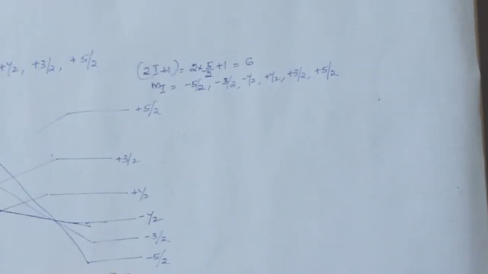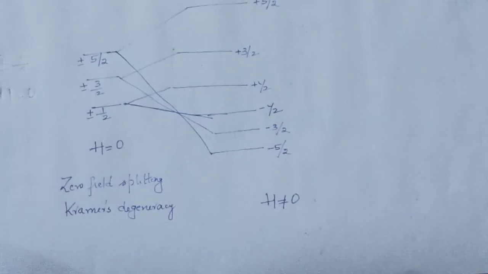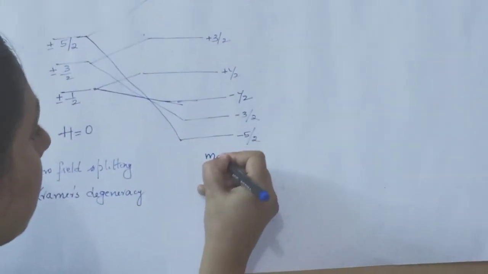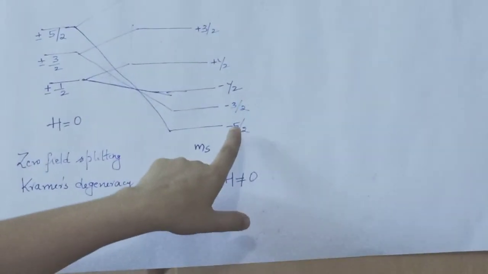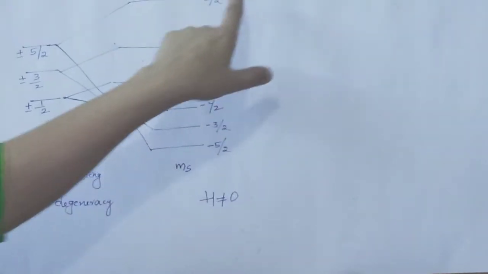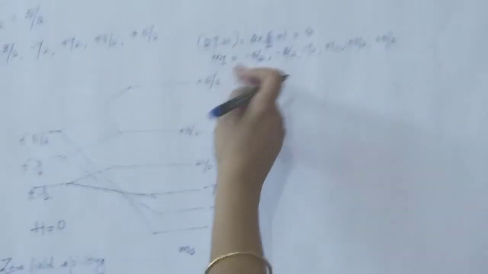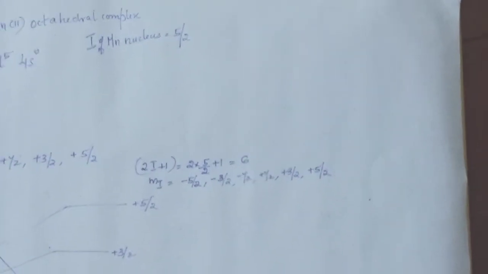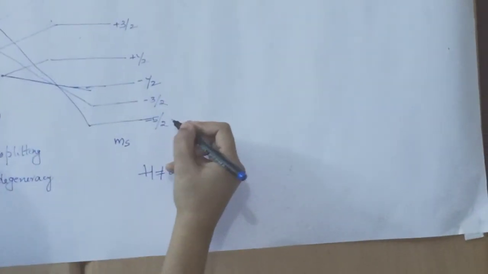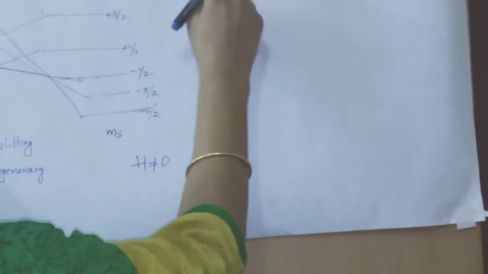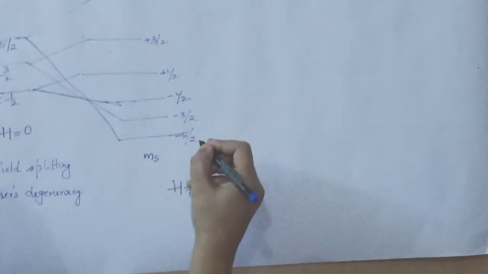Here you have to keep in mind that each ms level splits up into 2I plus 1 spin states, with mI equal to minus 5/2 to plus 5/2. So take ms equal to minus 5/2. That will split up into 6 spin states.